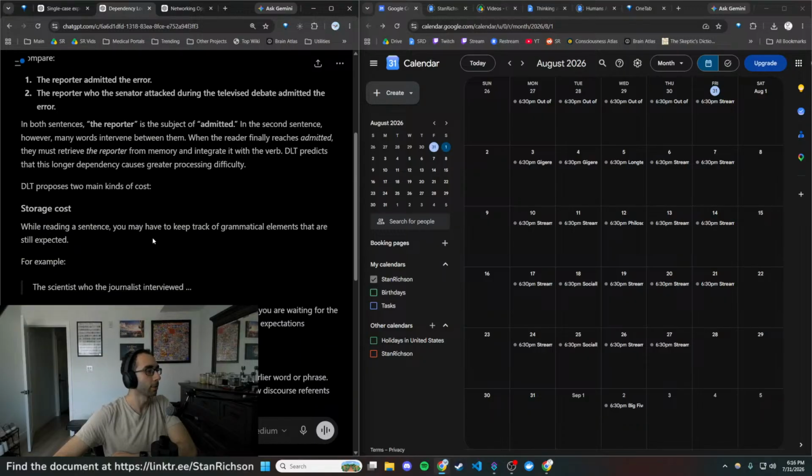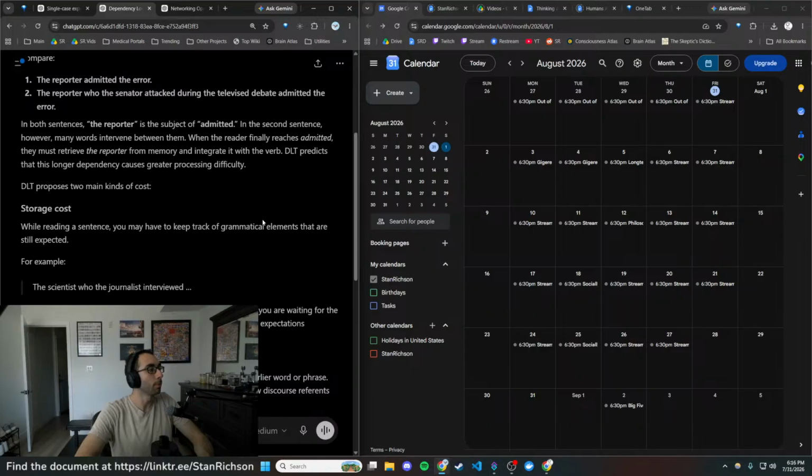In both sentences, the reporter is the subject of admitted. In the second sentence, however many words intervene between them, when the reader finally reaches admitted, they must retrieve the reporter from memory and integrate it with the verb. DLT predicts that this longer dependency causes greater processing difficulty.